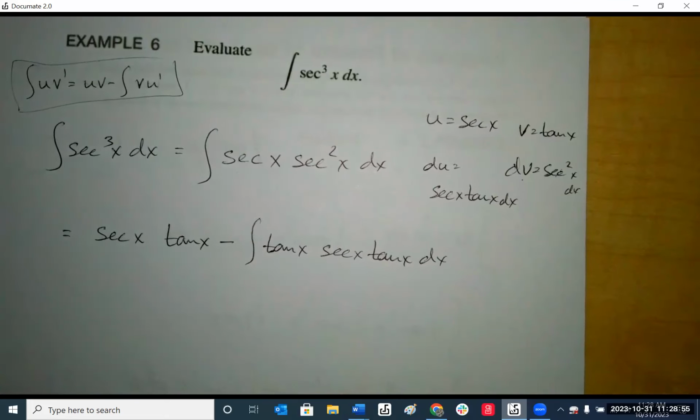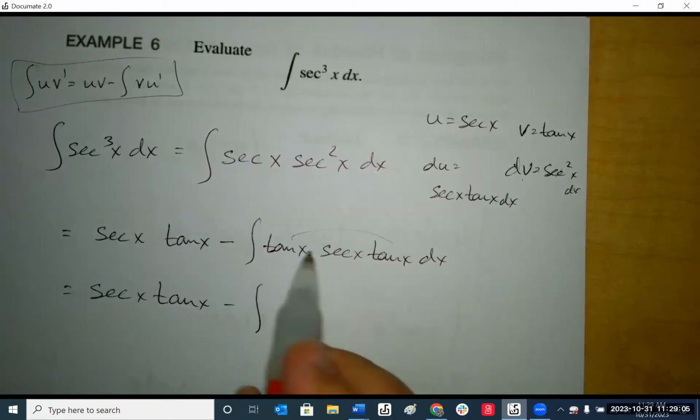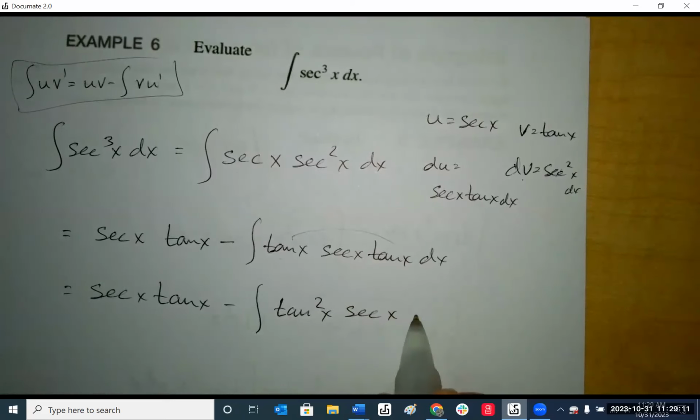This is similar to what we just did. Tangent times tangent is tangent squared x secant x.